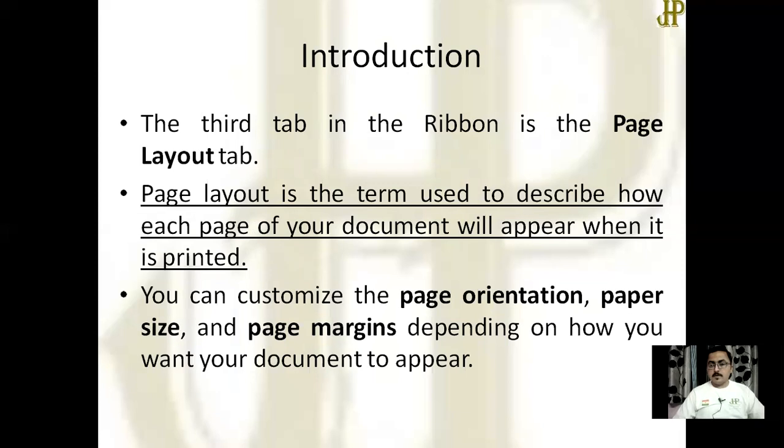That's why you can customize the page orientation, either portrait or landscape, paper size, either letter size, A4 size, and many more, and page margins depending on how you want your document to appear. So I think it is very clear why the page layout tab is necessary.